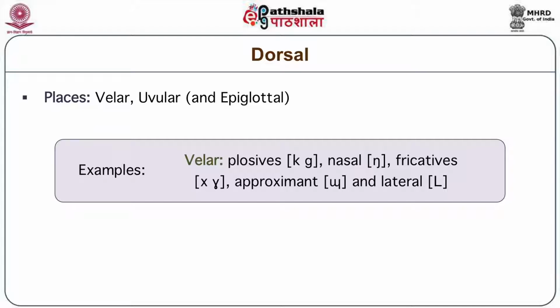We have fricatives, kh, gh, which are again velar, and approximants, and a lateral, difficult to pronounce, but something like a la. So we have a very infrequent sound, but found in some languages for distinguishing words. Thus we have plosives, nasals, fricatives, approximants and laterals, 5 different manners of articulation produced at the velar place.